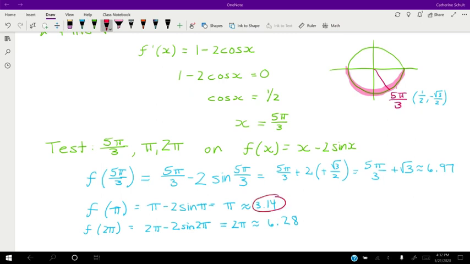All right, so which is the absolute min and which one's the absolute max? Smallest is this one, so this is the absolute min on the interval, and this is the biggest, so this is the absolute max.